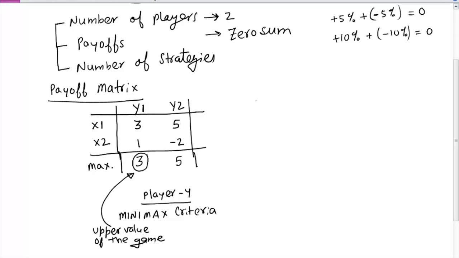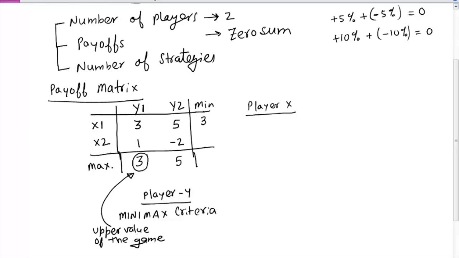Similarly, if you consider strategies used by player X, if we create this last column where we put minimum payoffs, in the first row the minimum is 3. So the minimum possible win for player X using strategy 1 is 3.